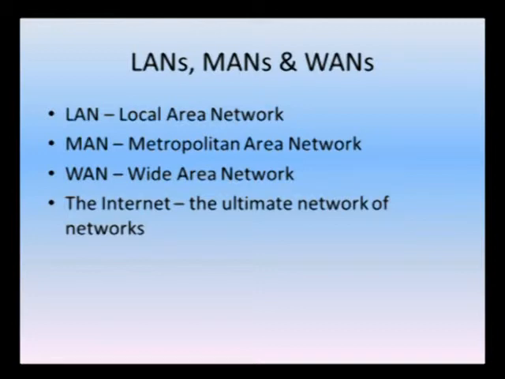The Internet is the ultimate network of networks. And many MANs and WANs are implemented using Internet technologies rather than microwaves. And if you have a LAN that uses Internet technologies, you call it an intranet.